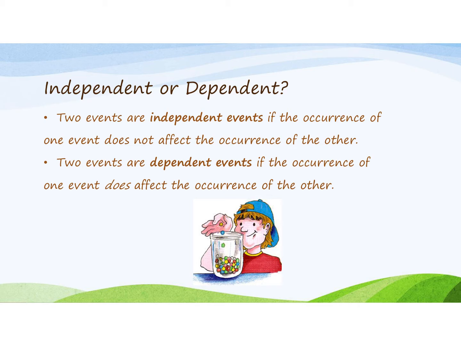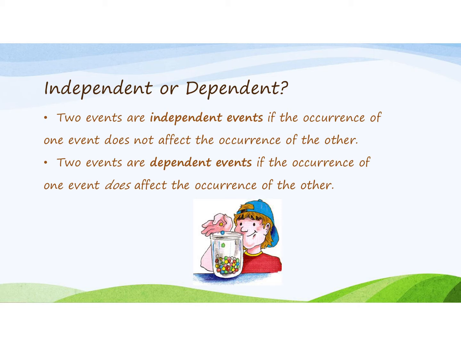For example, if I'm spinning a spinner, separated into 4 colors, and I want to know the probability of landing on red, when I spin it again, the probability of the second spin has nothing to do with what happened on the first spin. So that's when the events are independent.